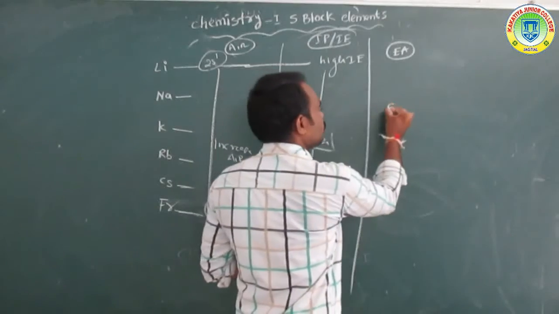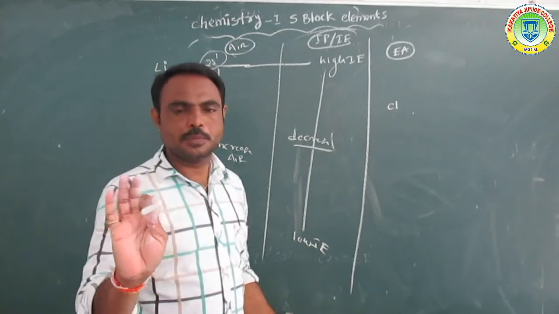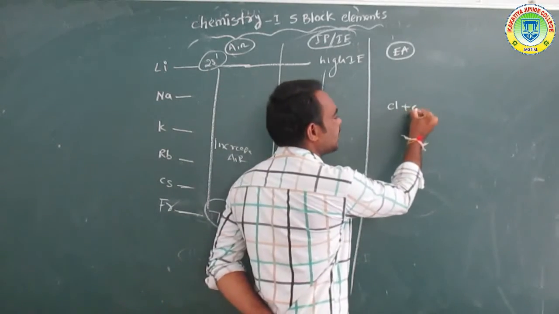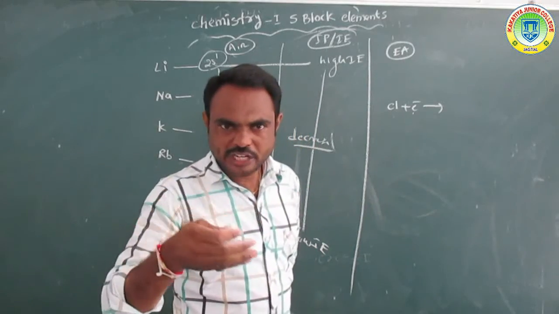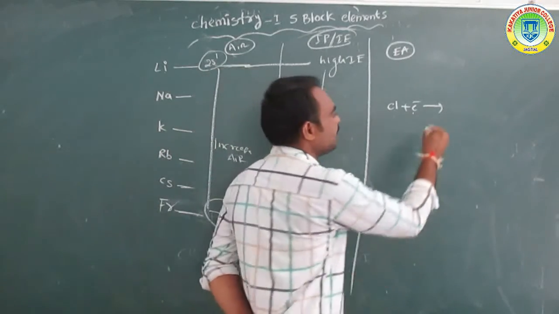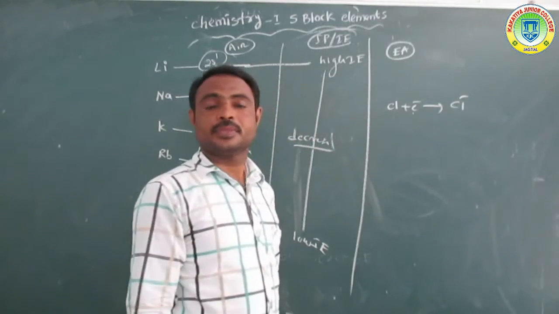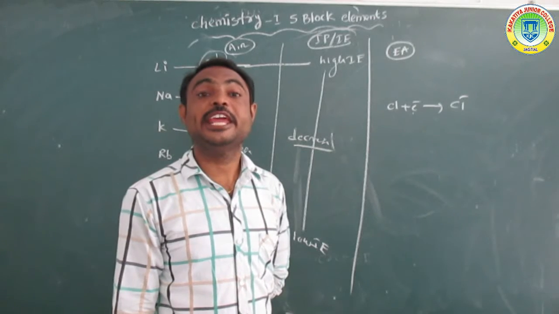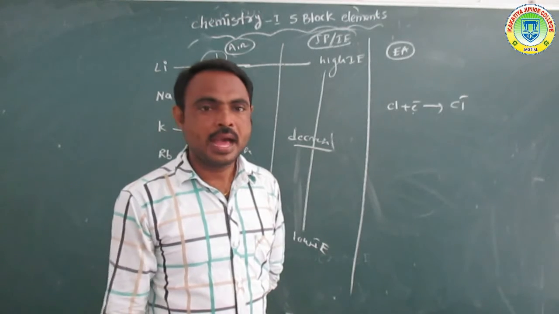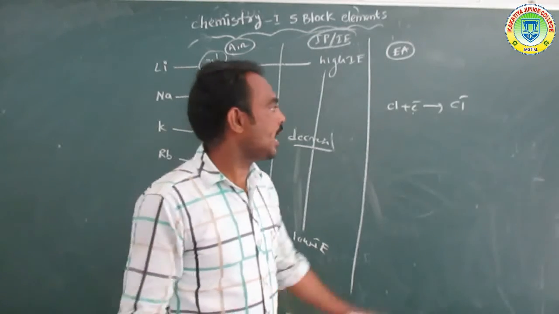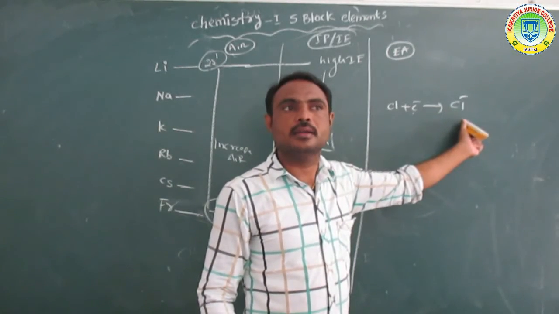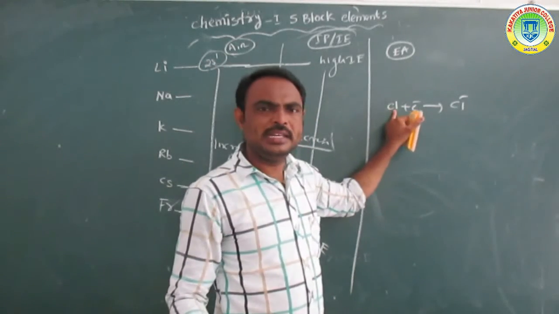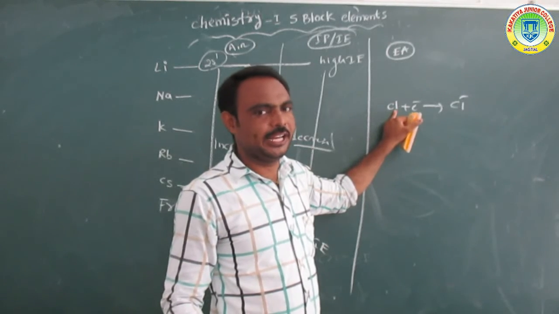Suppose we have taken, for example, the chlorine element. This chlorine element reacts with the addition of one electron, so it is converted to Cl minus. Cl minus means anion. Anion means negative ion. So chlorine has how many electrons? 17.